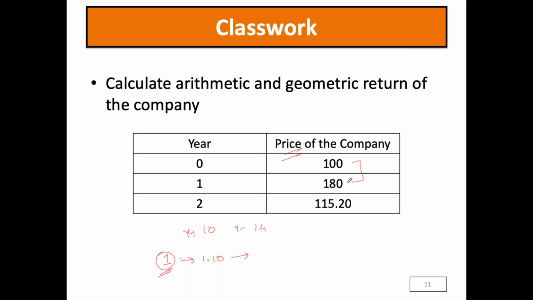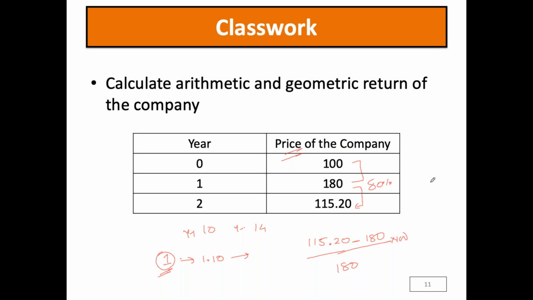So first year return, my 100 has become 180 at the end of the year. So my return is 80%. Is it true? Now 180 has become 115.20 in year two. So how much is my rate of return? I'll say 115.20 minus 180 divided by 180 into 100. So how much is it?